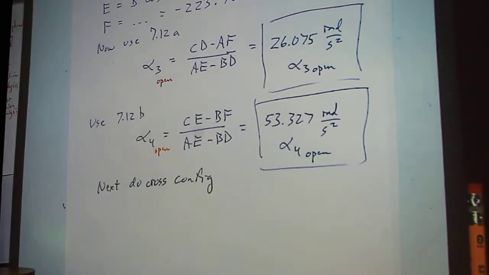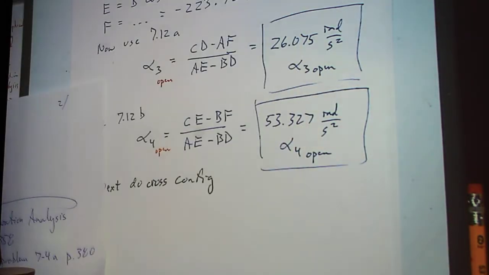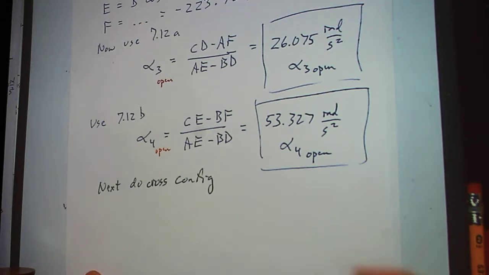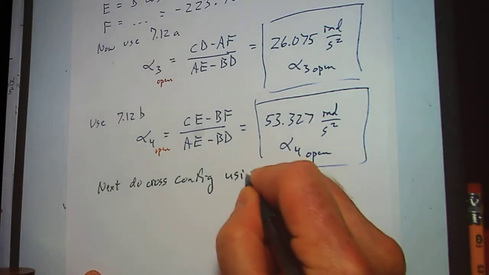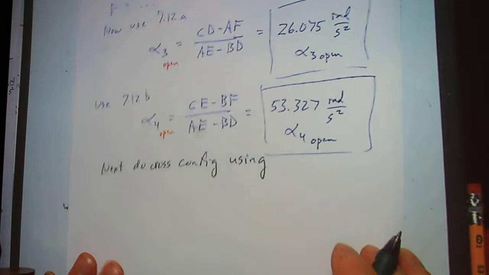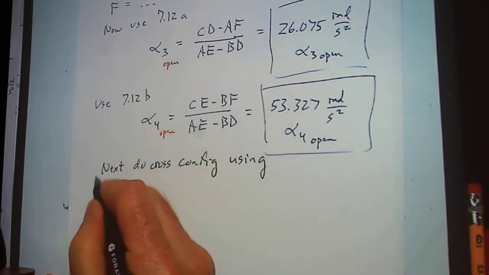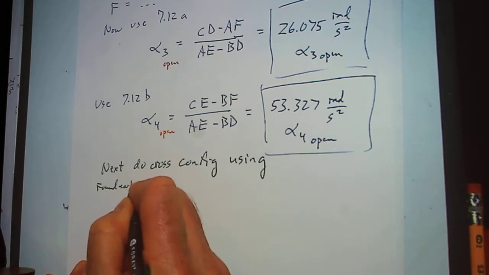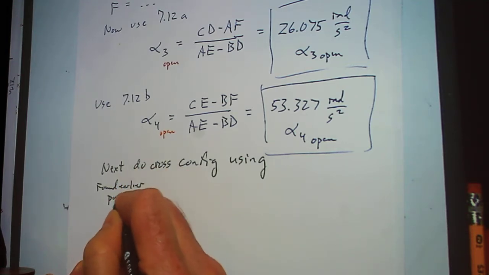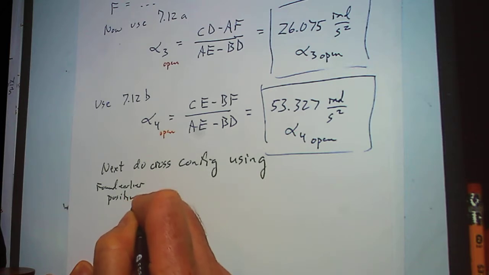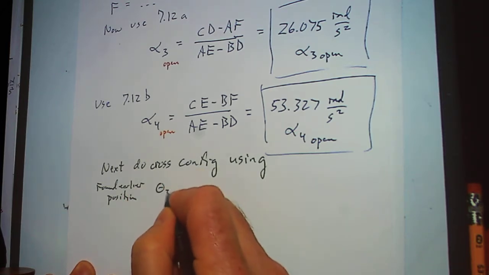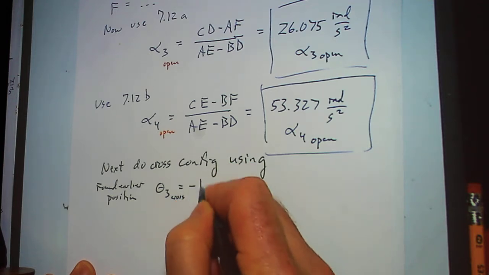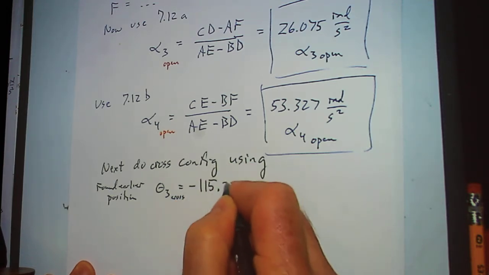And for the cross, next to cross configuration, and for these, you're using all the values that you found earlier in position, and I get theta 3 cross equals minus 115.2 degrees.